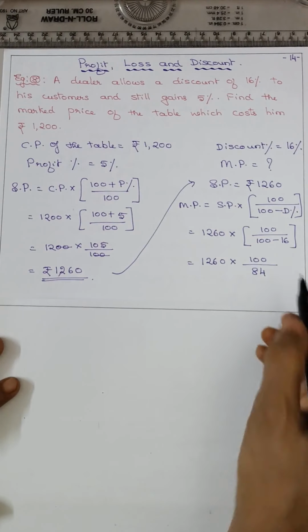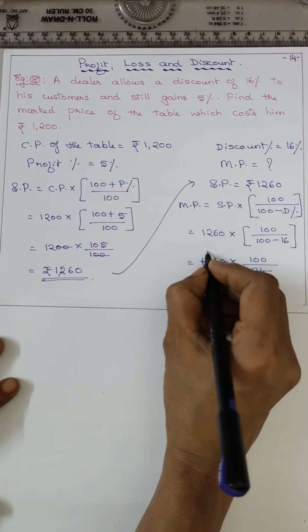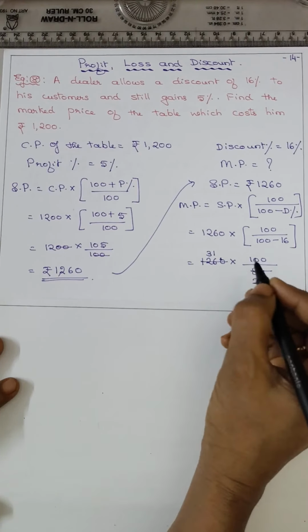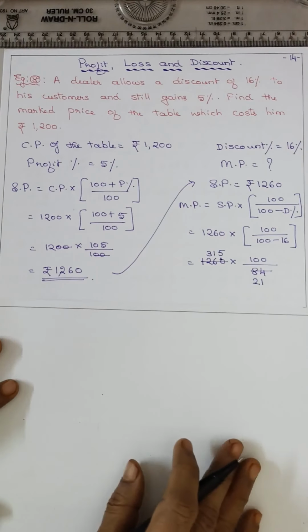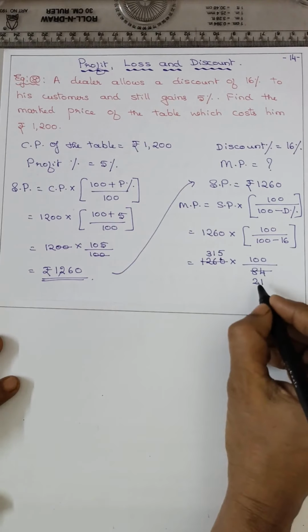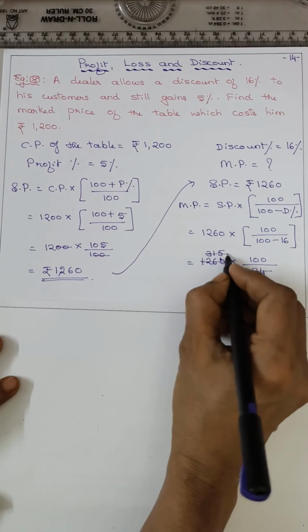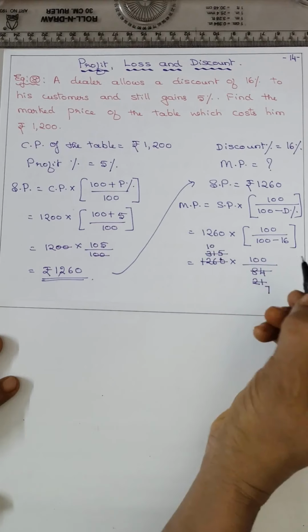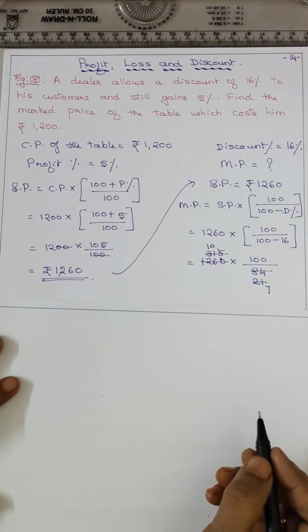Now 4 2s are 8, 4 1s are 4, 3s are 12, 4 1s are 4, 2 remains 20, 4 5s are 20. Now 21. So 3 7s are 21, 3 1s are 3, 0s are 1. Take that 1 to the other side, next digit, 15.